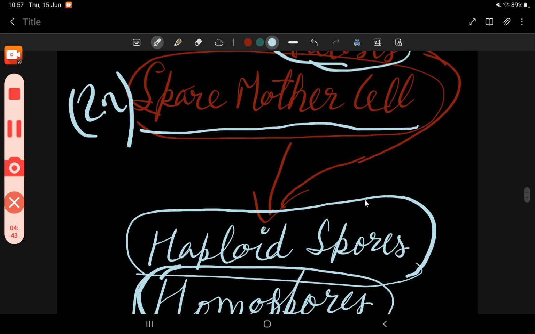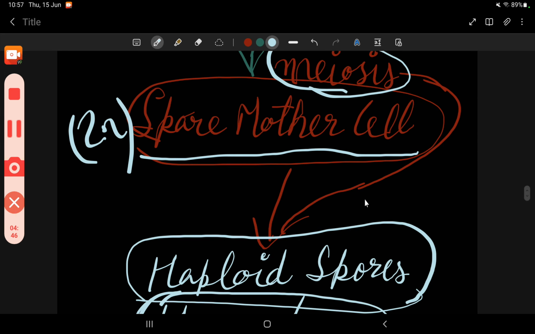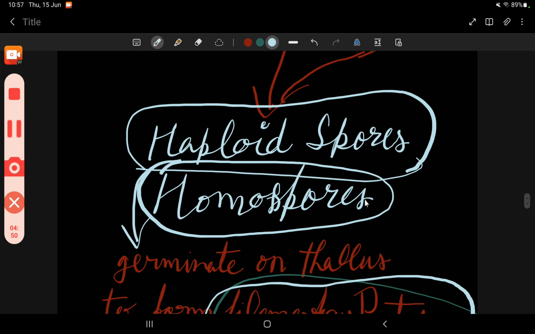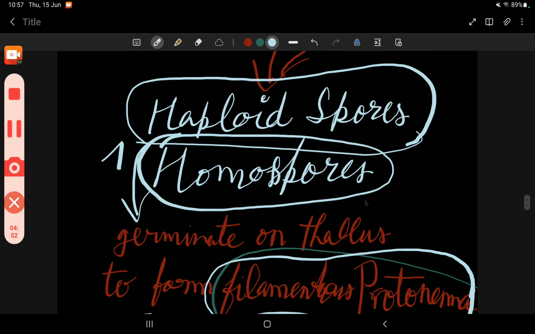There are a number of questions here. Spore mother cells undergo meiosis, which gives rise to haploid spores, and the spores are homosporous. Then the question arises: where are the spores homosporous? They are present in bryophytes.